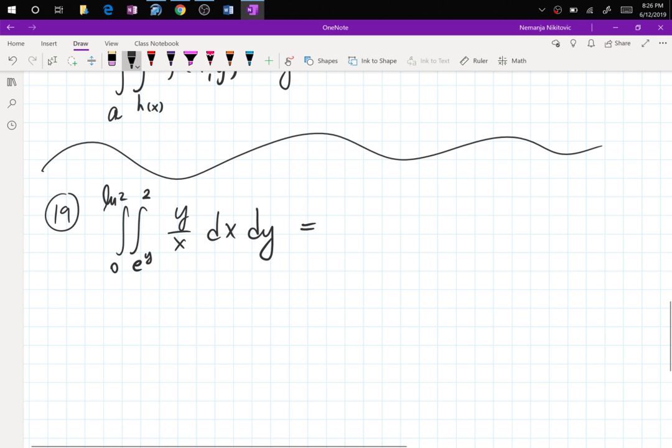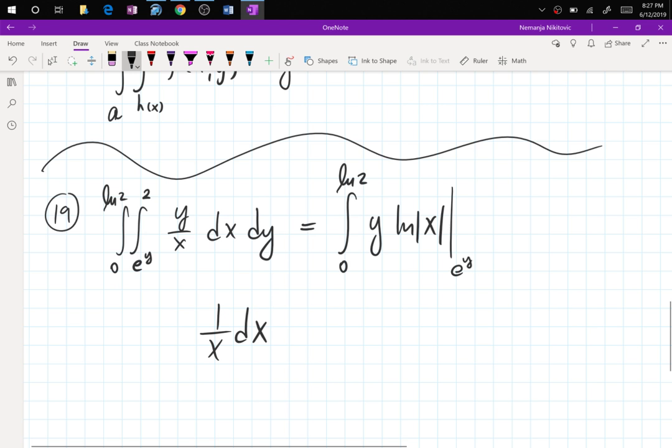Okay, fine. Let's do it. I am integrating in respect to x. So if I'm integrating in respect to x, the y is the constant. So I can copy y. So I am technically integrating 1 over x dx. What is the integral of that? Thank you. And that needs to be computed from e to the y to 2.